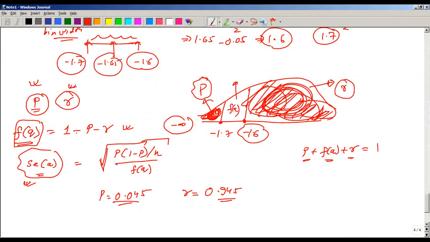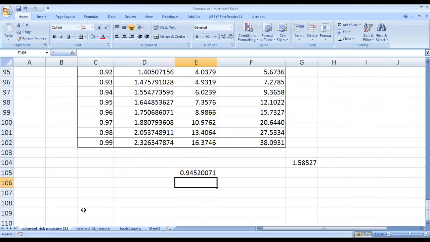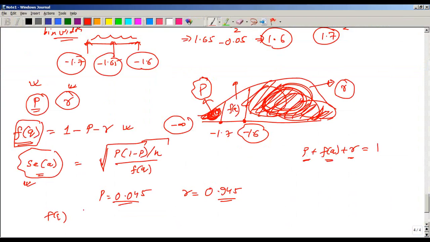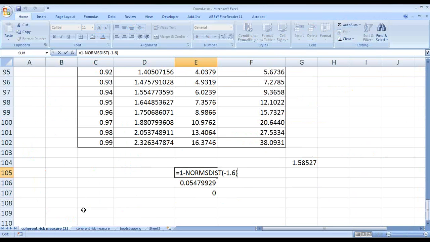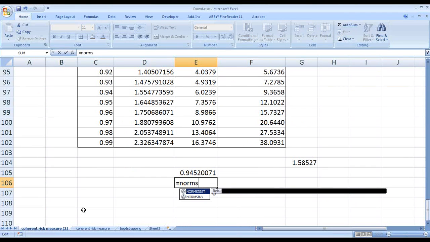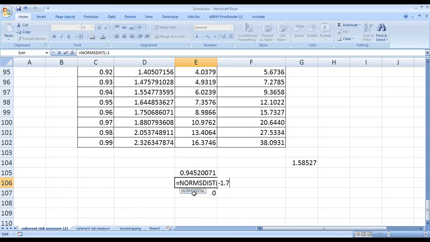Right? In this case, your FQ will be equal to 1 minus this. I'm sorry, I made some mistake here. Yeah, it should be equal to the norm S distribution minus 1.7.